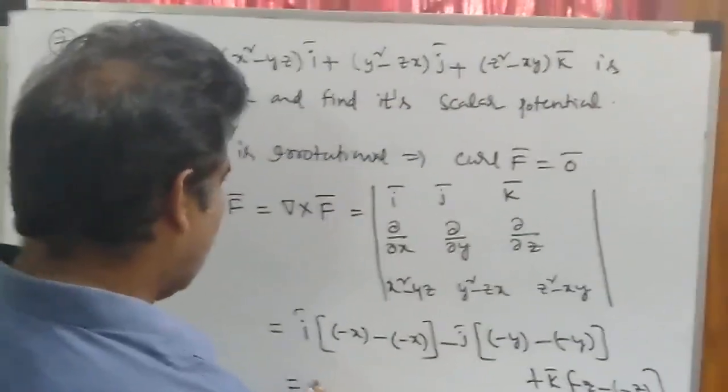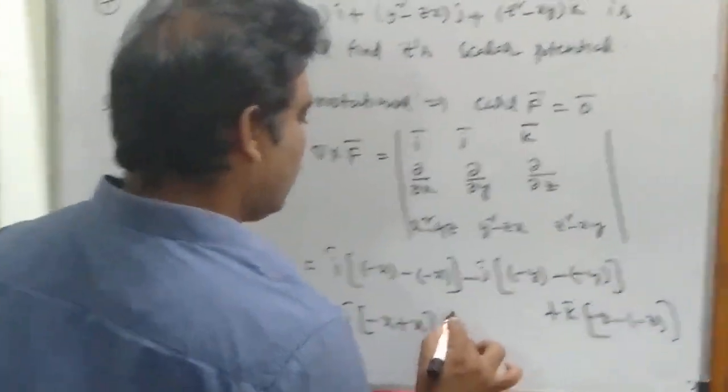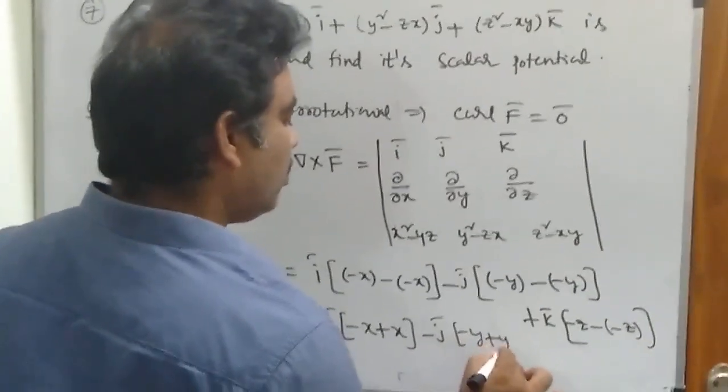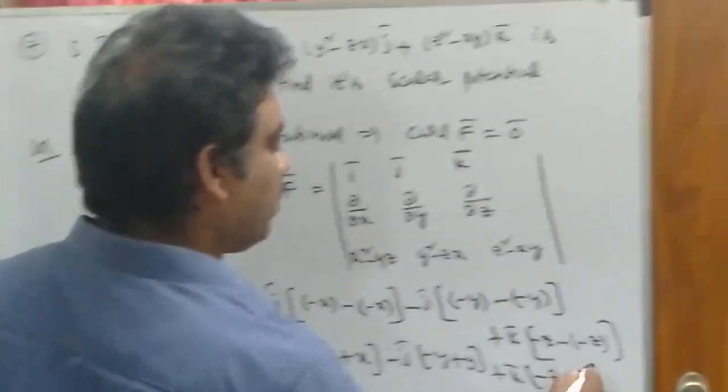So this is i bar into minus x plus x, minus j bar into minus y plus y, k bar into minus z plus z.